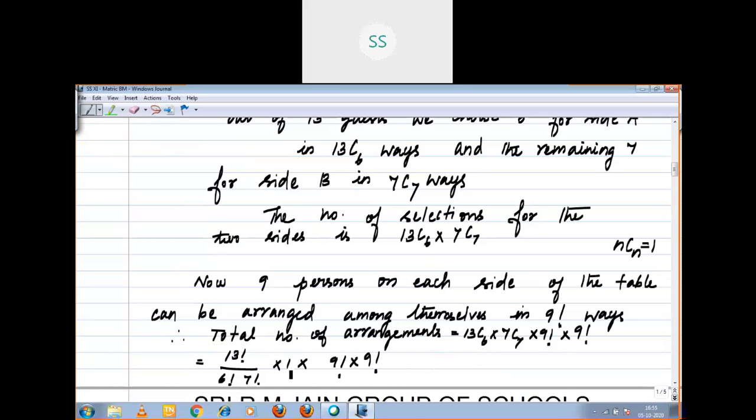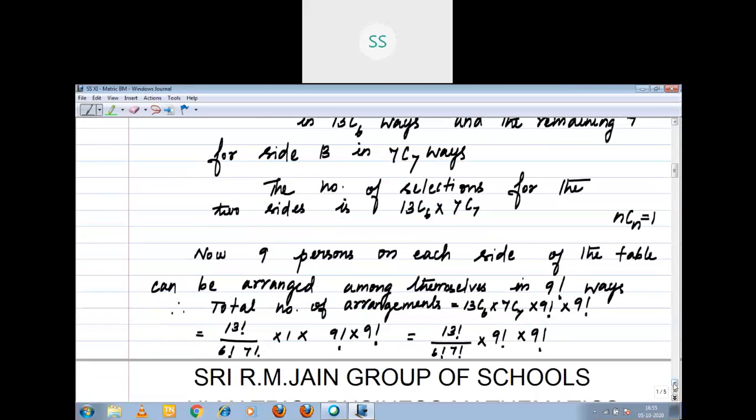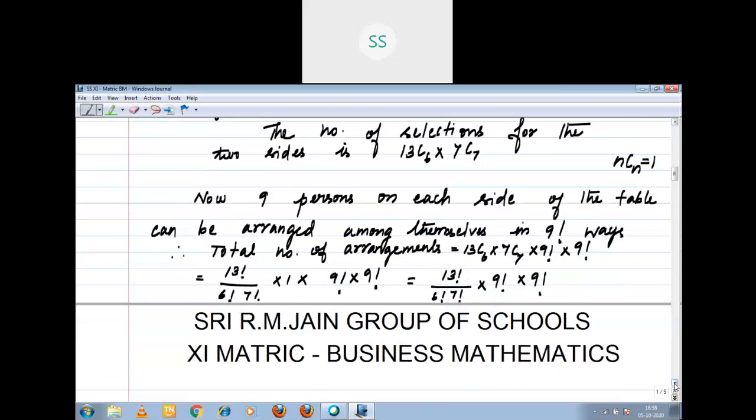Right? 13 factorial divided by 6 factorial into 7 factorial into 1 into 9 factorial into 9 factorial, which is equal to 13 factorial divided by 6 factorial 7 factorial into 9 factorial into 9 factorial. The 9 persons on each side of the table can be arranged among themselves in 9 factorial ways. While writing, you have to write 2 times because side A 9 factorial, side B 9 factorial. That is the meaning. Got it, children? Now I am going to move to next question.